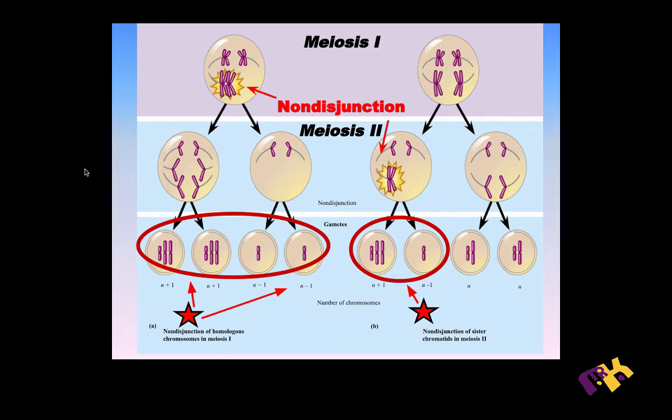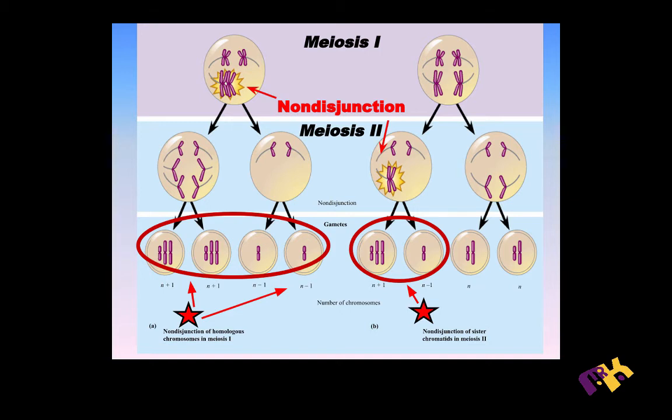All right, so this graphic organizer is kind of showing you what happens when non-disjunction happens during meiosis 1 and when it happens during meiosis 2. Notice that if we do not separate the tetrad in meiosis 1, then we end up with a daughter cell that has an extra chromosome in it and one that's lacking that chromosome altogether. If we look at what the result is for gametes after meiosis 2, every single one of the gametes has a problem.